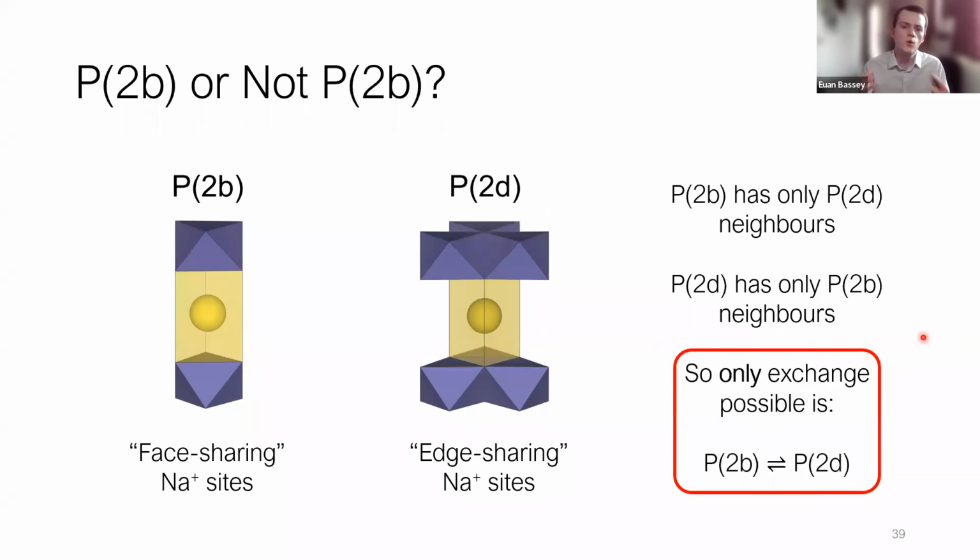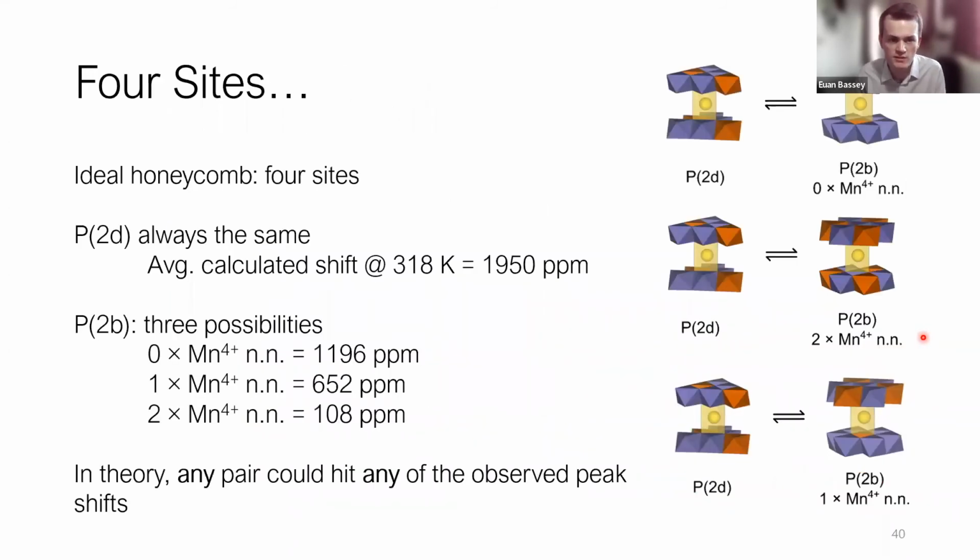Okay, so what kinds of environments might we expect in this ideal honeycomb model? Well, the P2D is always going to have the same shift. It's always going to be at the same resonant frequency because the bond pathways are exactly the same. We always have the same number of nearest and next nearest manganese and magnesium neighbors, so we don't need to worry too much about those. The P2Bs do change because we can change which ions are face sharing and which are edge sharing.